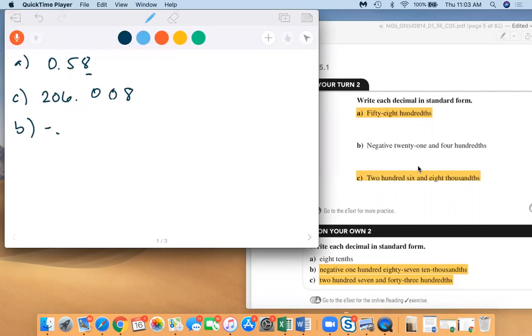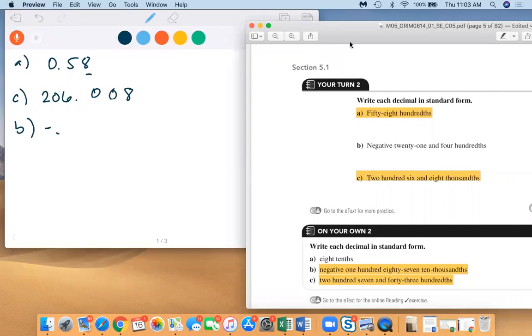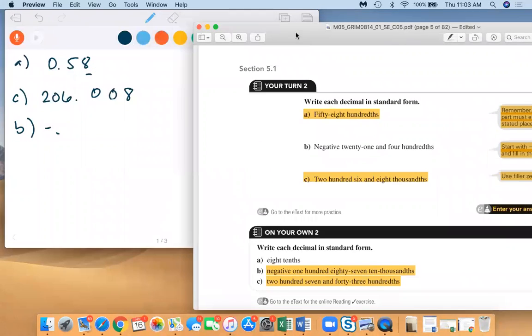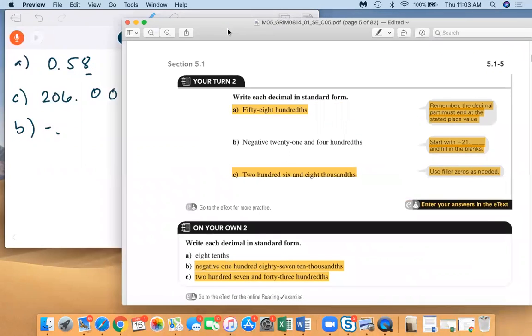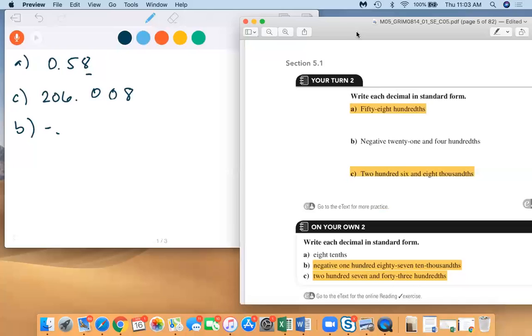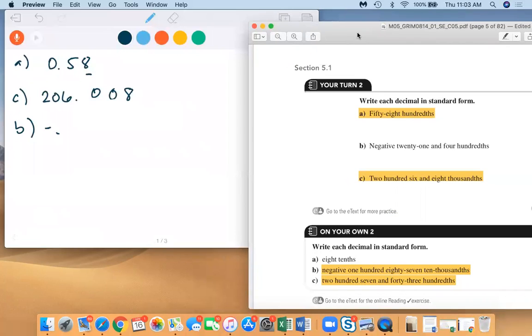I would just write negative point, but I'll double check what MyLab requires you to do. So, negative 187 10,000ths: we're going to have tenths, hundredths, thousandths, 10,000ths, and we only have 187, so we need to put a 0 there, okay?